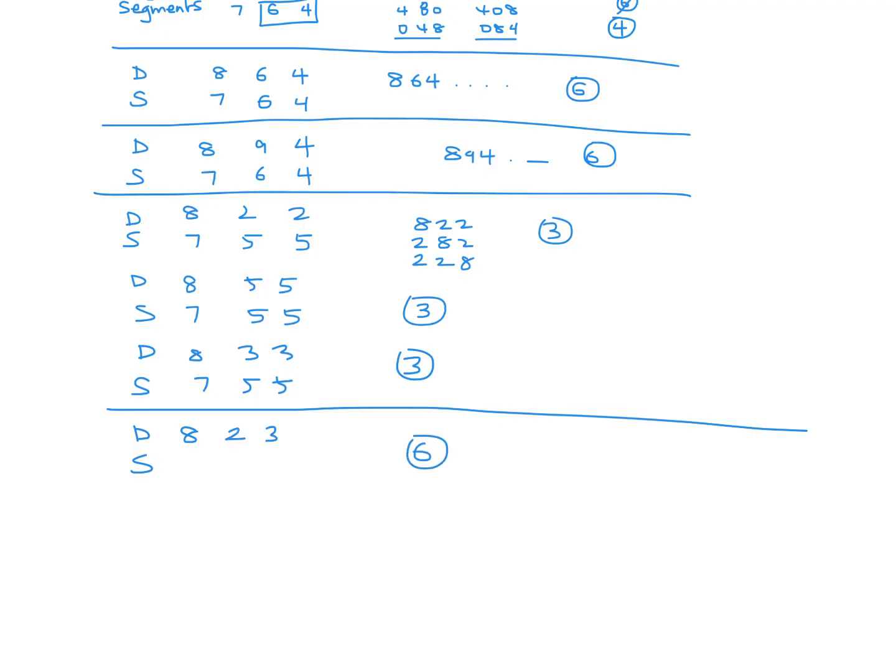That'll give me 6. And that is 7, 5, 5 for the segments. And then if we have 8, 2, 5, that's 7, 5, 5. That gives me another 6. And then if we have 8, 3, 5, that gives me also 6.